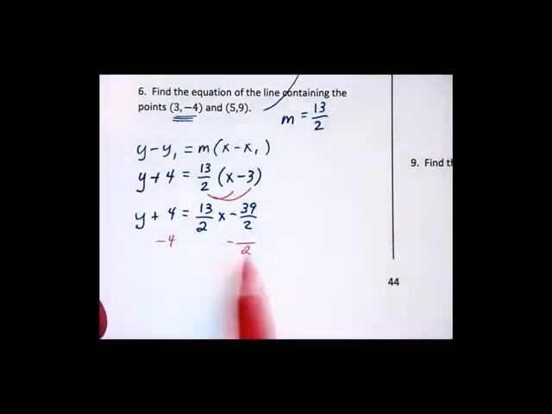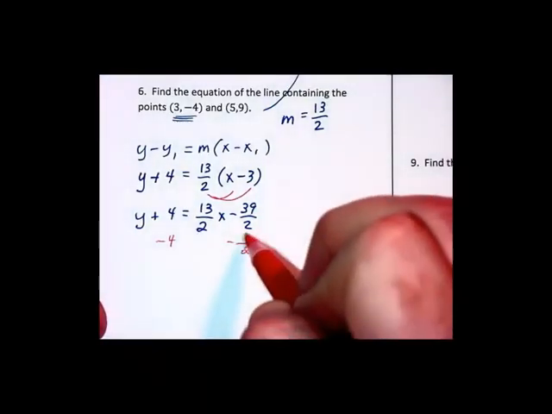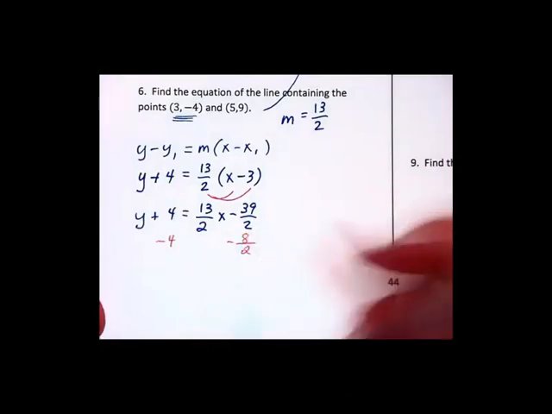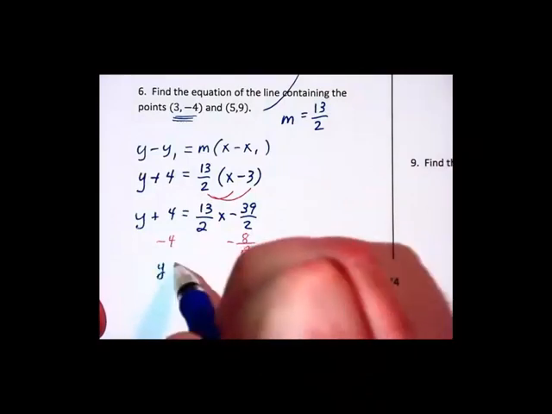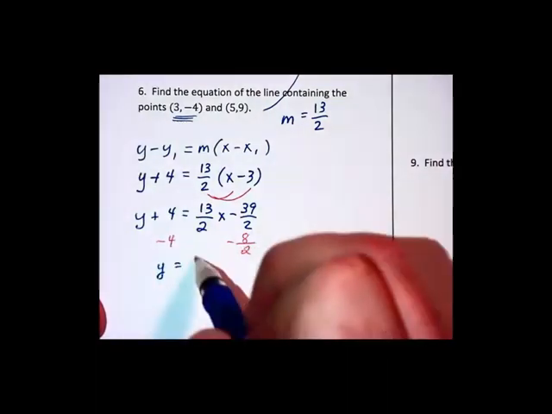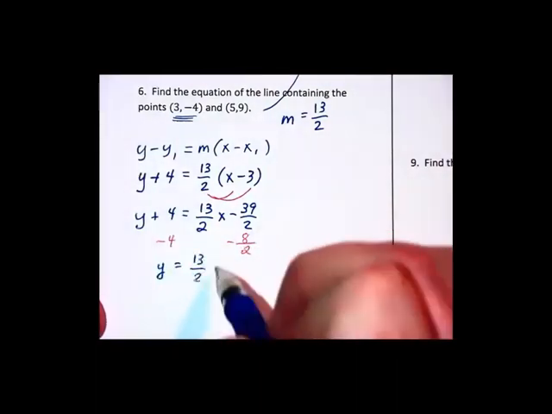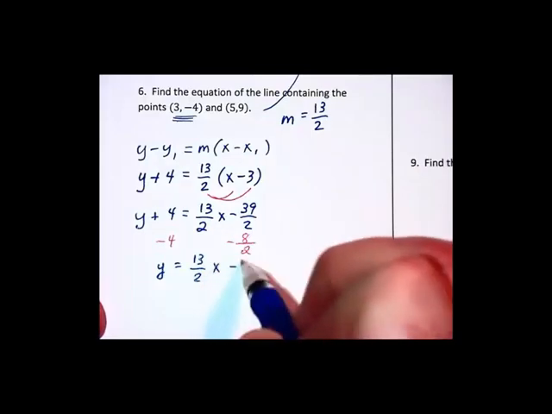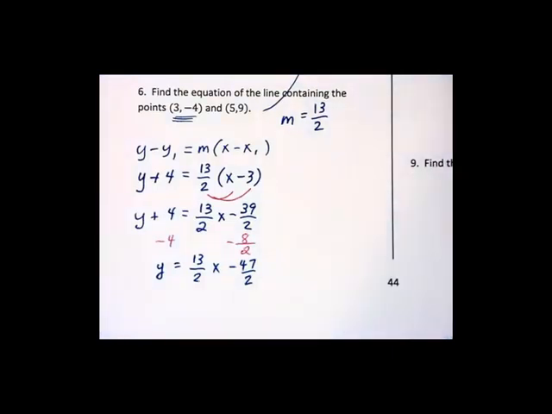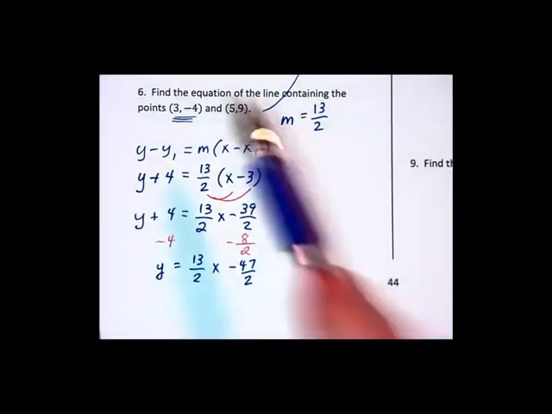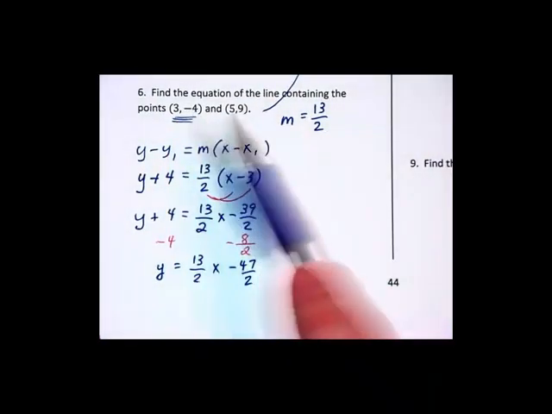So rather than subtracting the whole number 4, I'm going to think of that as 8/2. 8/2 is equal to 4. Now we're going to have just the y by itself on the left, and on the right, 13/2 x minus 47/2.